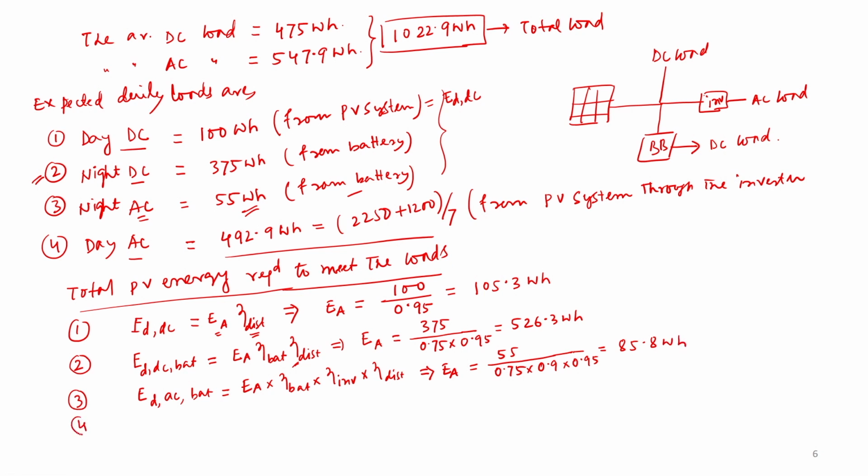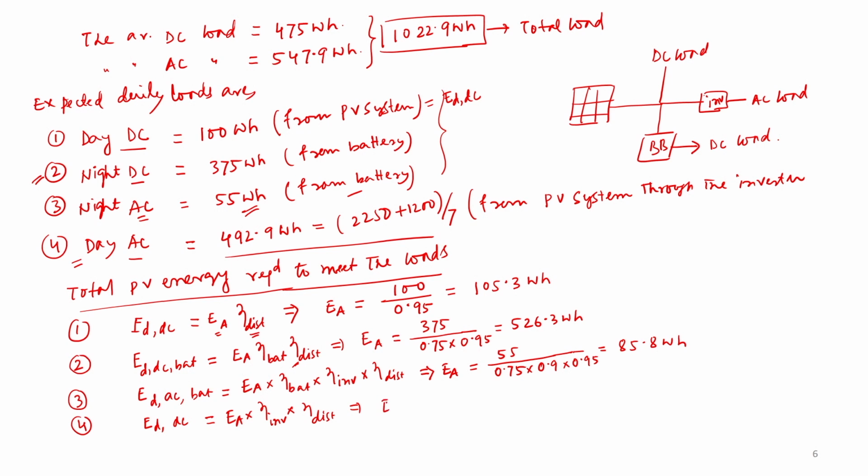And for this, the load is daytime AC, so it will be E D AC. It will be EA multiplied by inverter efficiency multiplied by distribution efficiency.